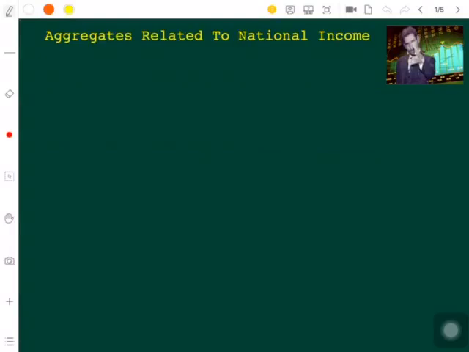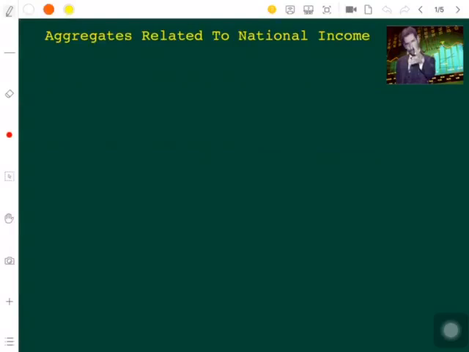The tools in aggregates, national income and related aggregates are basically 8. But how we will reach those 8 aggregates, we are going to understand the term with which we had started national income once again, so that we may move ahead. Because sometimes there is a confusion between what is a product and what is the income.